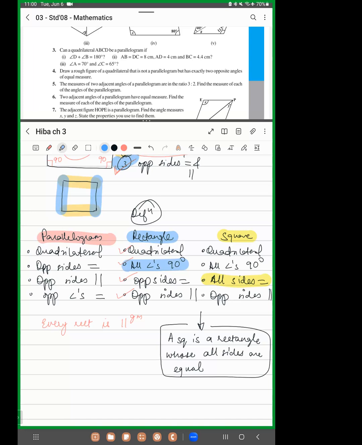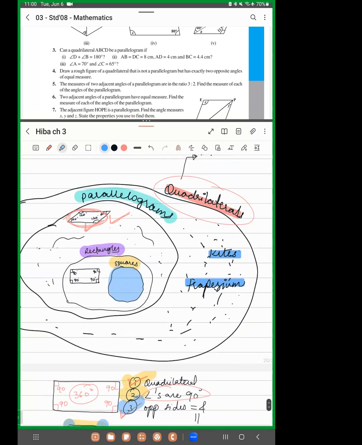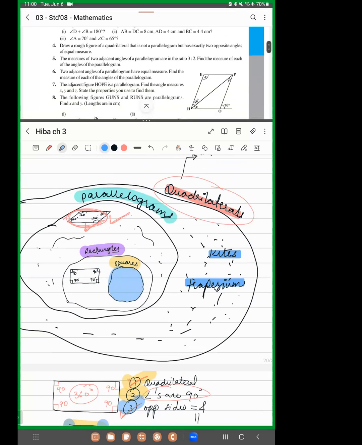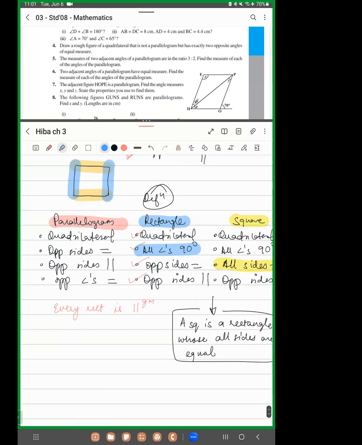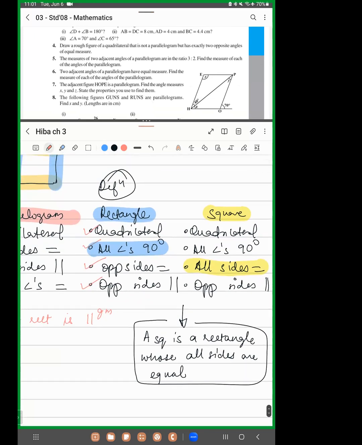Yeah, I understood the difference. Are you understanding how every square is a rectangle? Every square is a rectangle because it fulfills all the conditions of a rectangle.